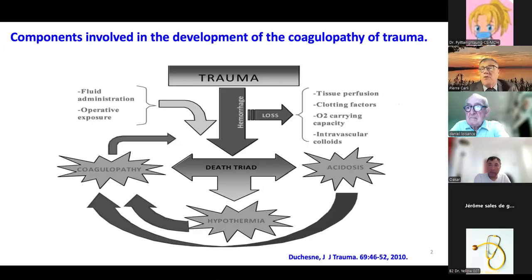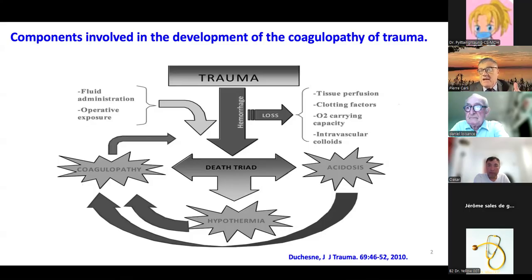So all these factors are working together, and unfortunately, they are producing a very deadly organization: coagulopathy, hypothermia, acidosis. If you do not conduct the treatment in the right way, you will have these three factors increase even if you treat the patient.